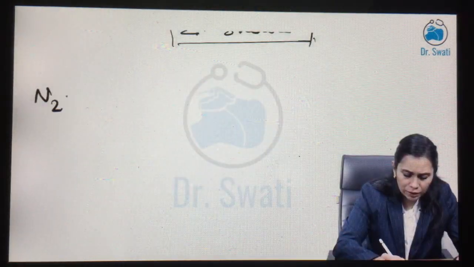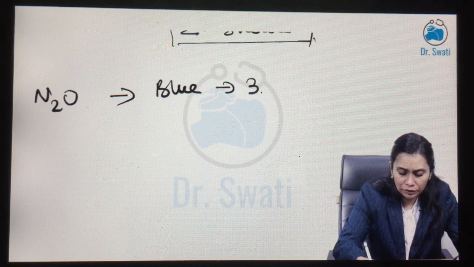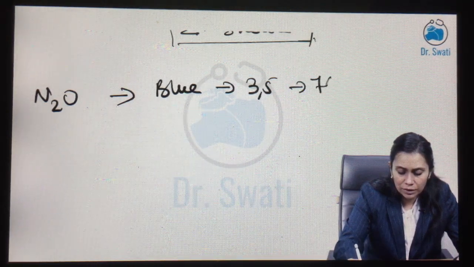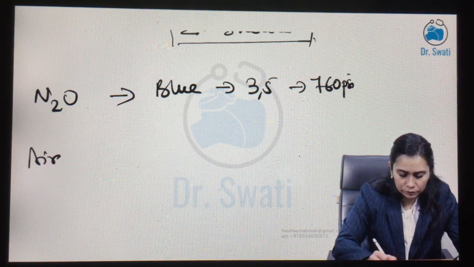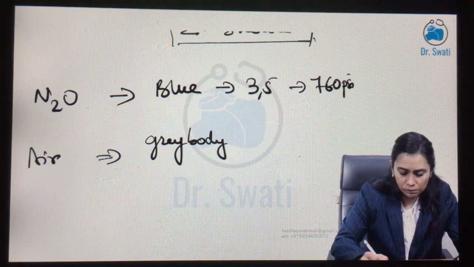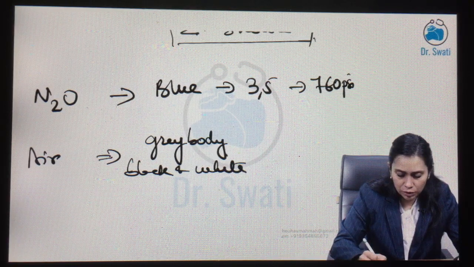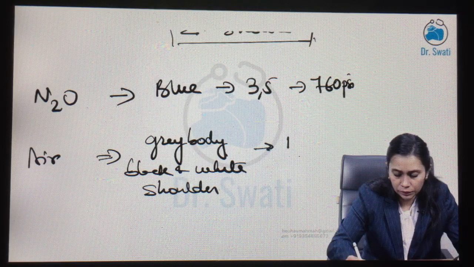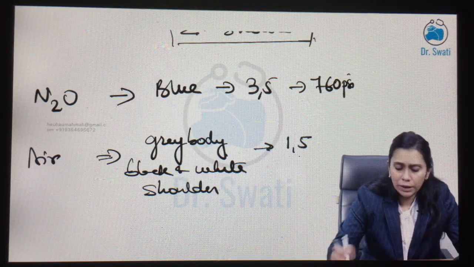Next is the nitrous oxide cylinder. Nitrous oxide cylinder has color coding blue, pin index 35 and pressure 760 pounds per square inch. Okay. Air: grey body, black and white shoulder, pin index 1.5, right?